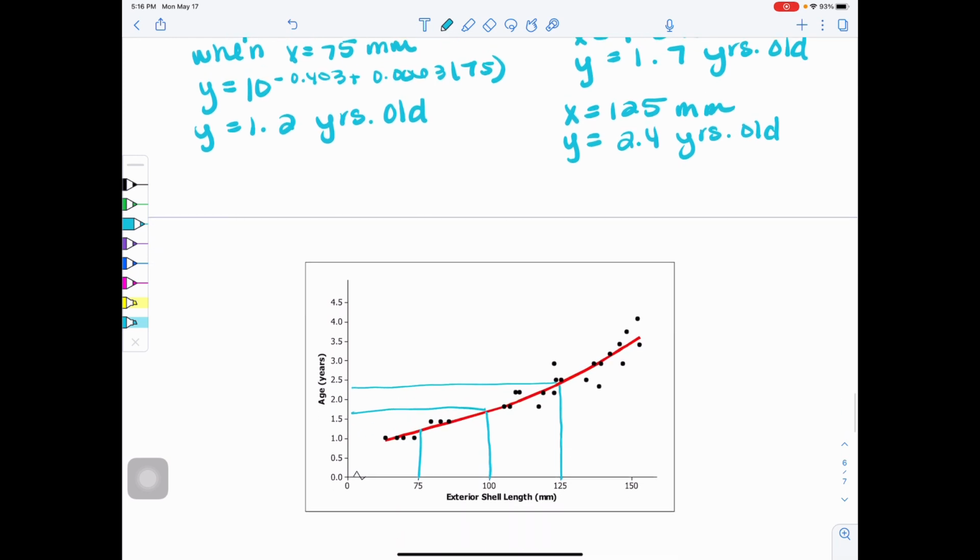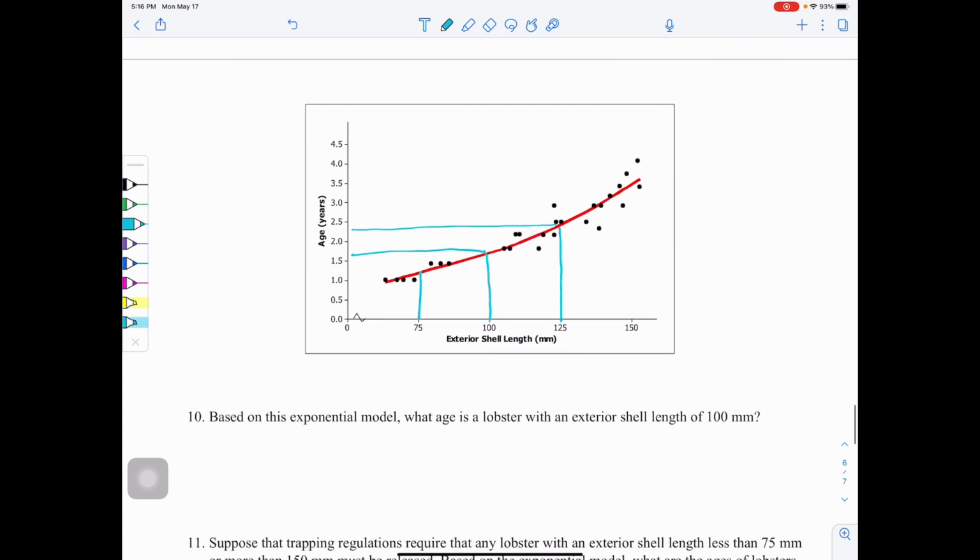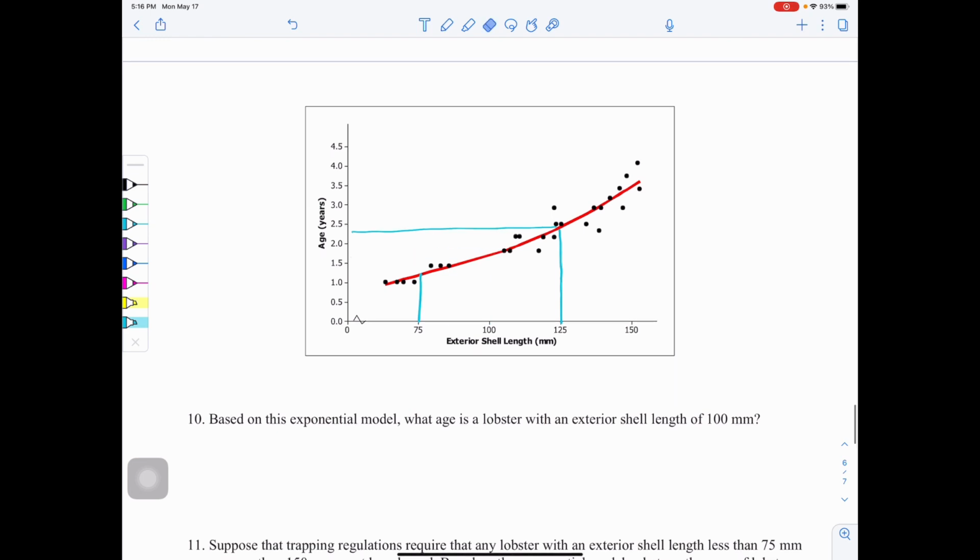We have to look, though, at the exponential model of 100. So if we go up and look at 100, and I do a little erasing here. Okay, let me retrace that. We see that it looks like it's approximately 1.7 years.